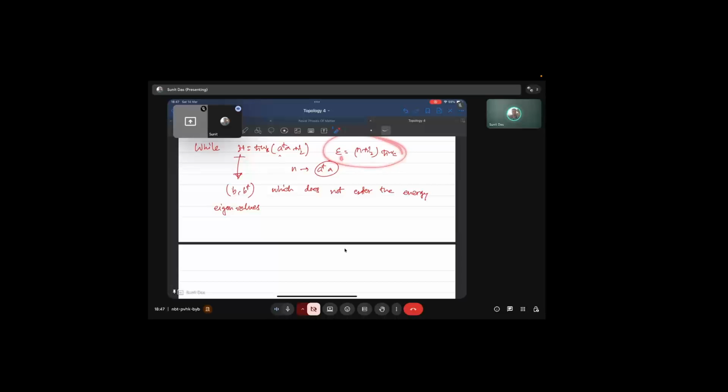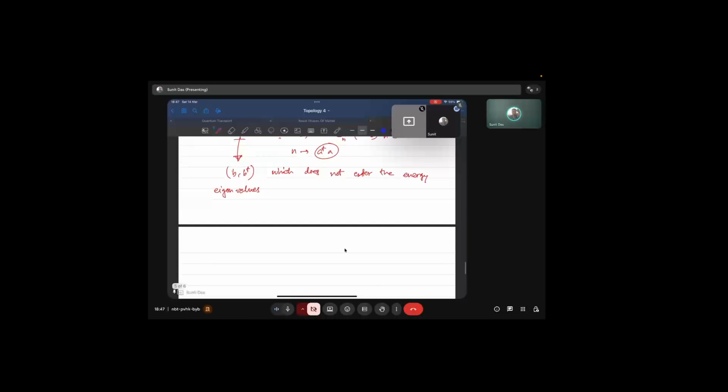So these are the energy levels, the nth Landau level, let's say, and these energy levels have some degeneracy. We call two states degenerate when they have the same energy. Let's say these are my two states, and in the energy space they are at the same energy, but their wave functions can differ.